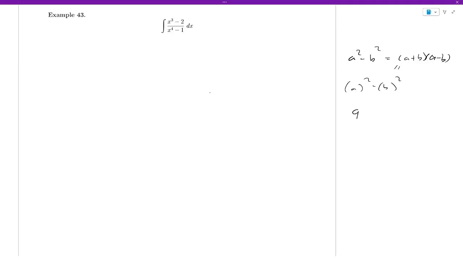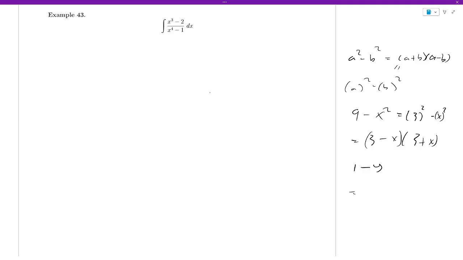So for example, if I had 9 minus x squared, I know right away that's 3 minus x times 3 plus x. I recognize the 9 as something squared, 3 squared, and so the 3 and the x are my a and my b. It could also be 1 minus y, for example. This is kind of silly, you're usually happy to see 1 minus y.